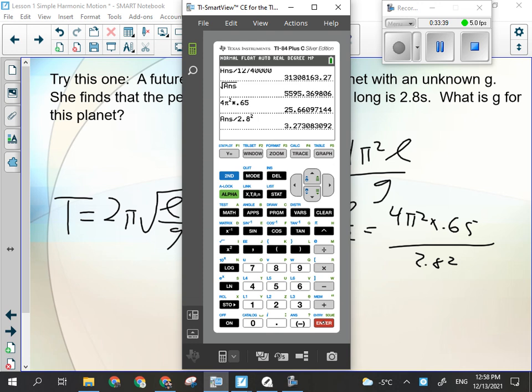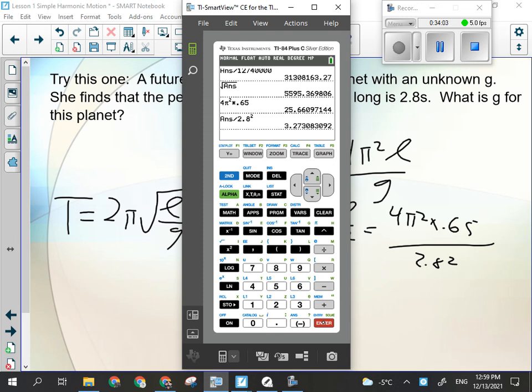Should we put brackets around the 4 pi squared, or should we just leave it how you did it? It'll depend on your manipulation, but since I was just multiplying all three of those things in a row, it doesn't matter. You could put brackets around it, get the same answer. Well, I put brackets around mine, but I got like 16.7. I know it's wrong. Did you put the squared outside the bracket?